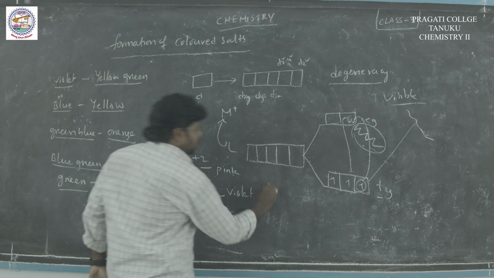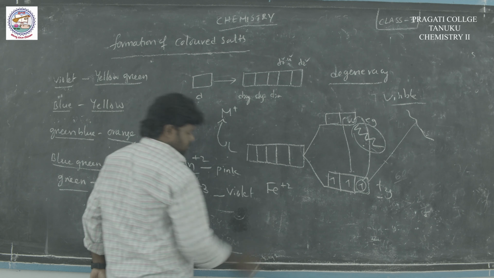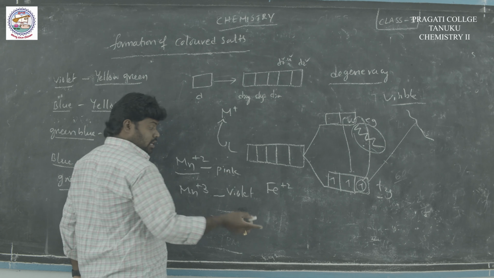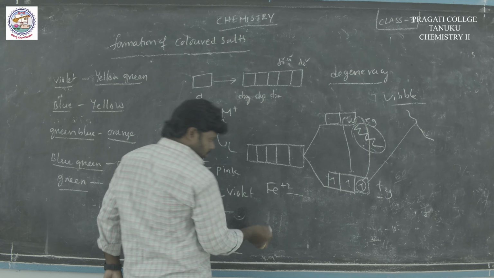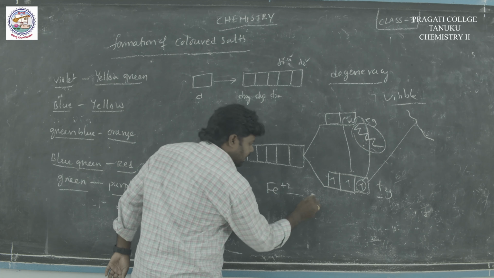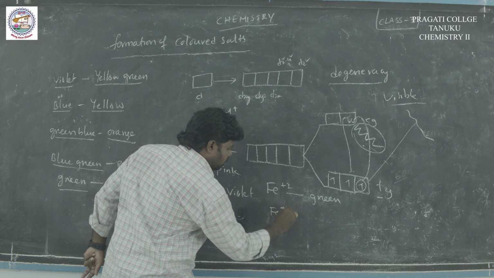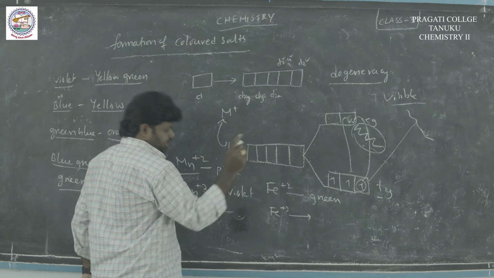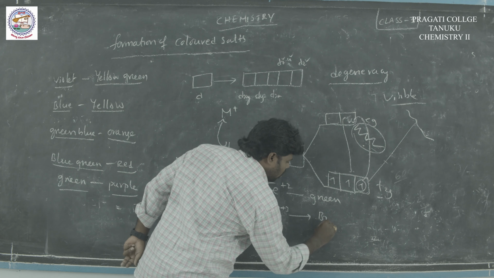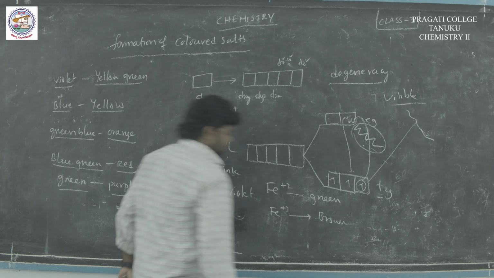Then Fe+2, ferrous in the +2 state, combined with ligands forms a green color. With loss of one electron, it exhibits a different color, brown or dark yellow.